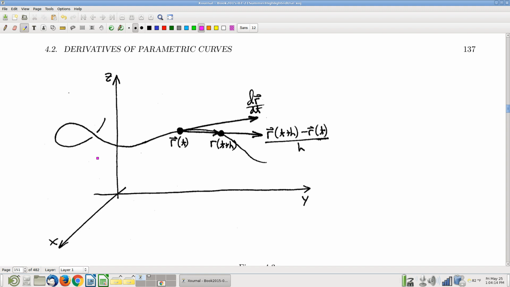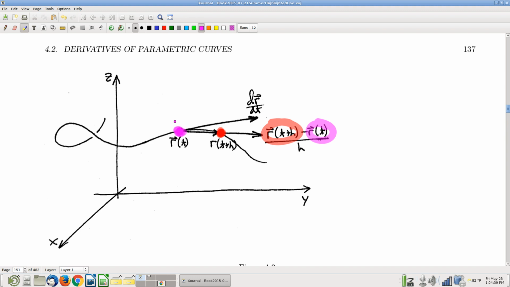Okay. So what is it then? Here's the idea. Let's look at R of t, some point on the curve, and R of t plus h. It's also a point on the curve. It's a little further down the road.